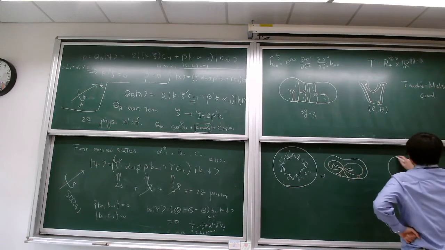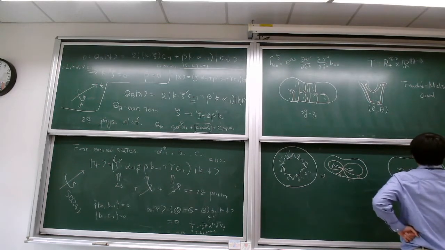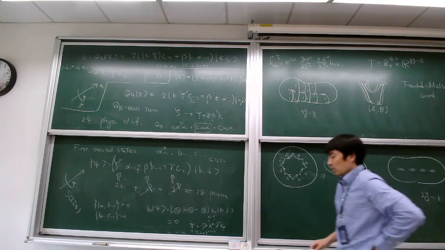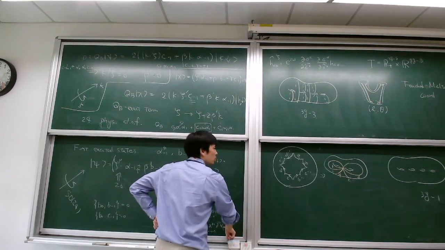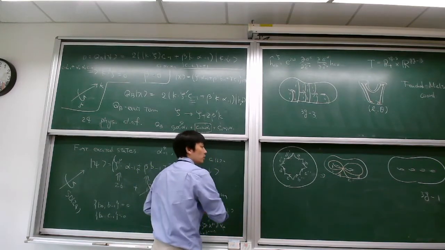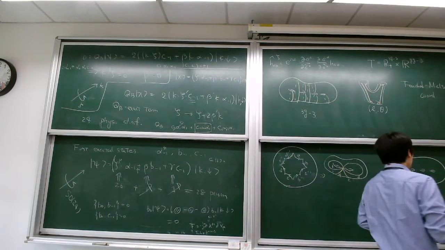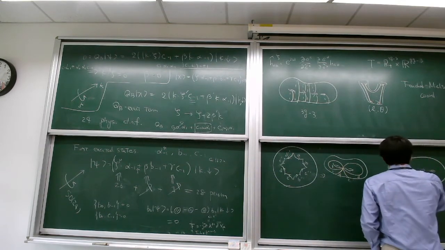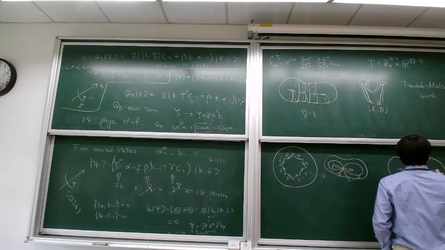And Dehn twist can actually be done along 3g minus 1 curves. I already forgot how. So let's see, 3g minus 1. When genus g equals 4, it should be 11, right? So one is this one, one is this one, one is this one, and one is this one.